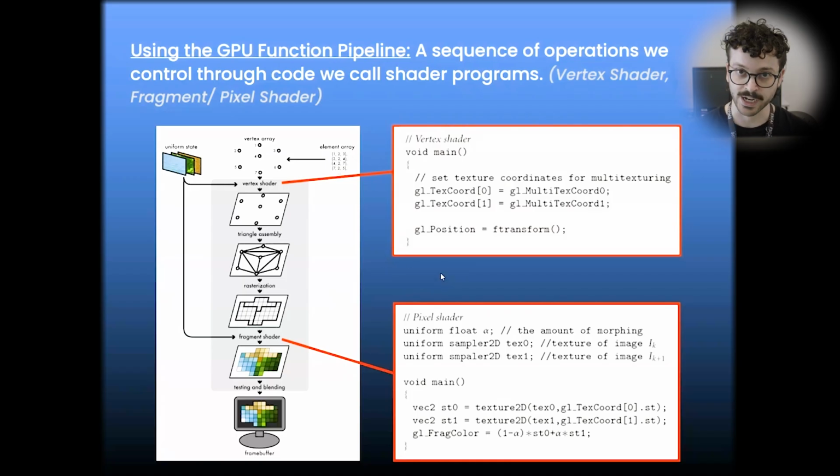There is the vertex shader that works just after the vertices have been put onto the GPU and then processes them. This is mostly used just to perform some mathematics to project those points into the correct coordinate space on the screen. And then after that comes the pixel shader, which is another highly configurable part of the pipeline that we have access to.